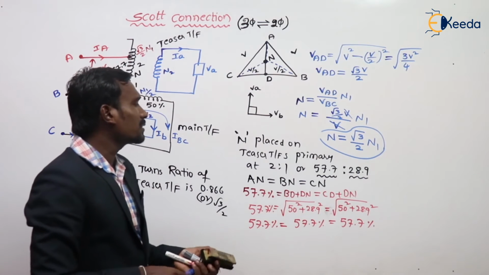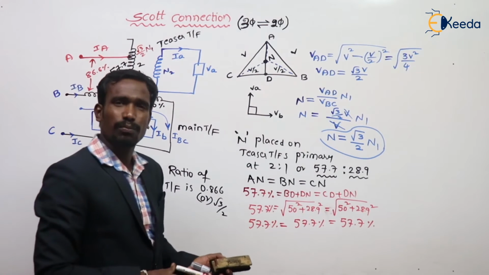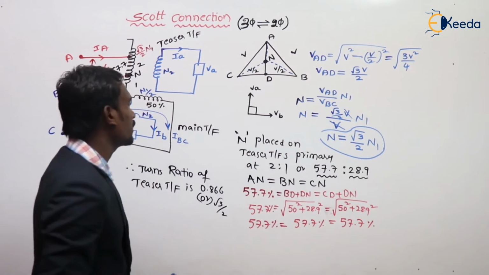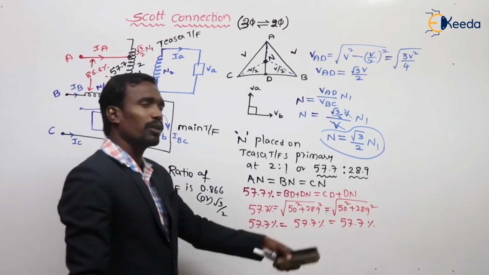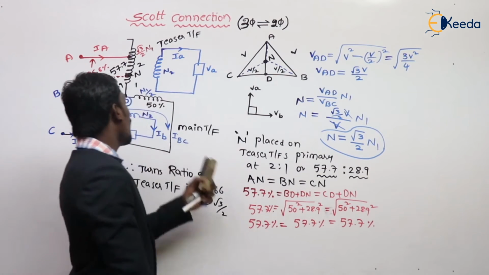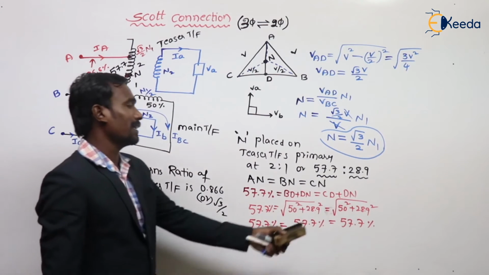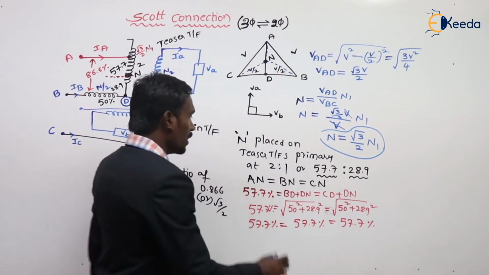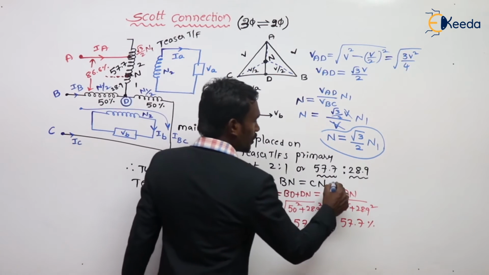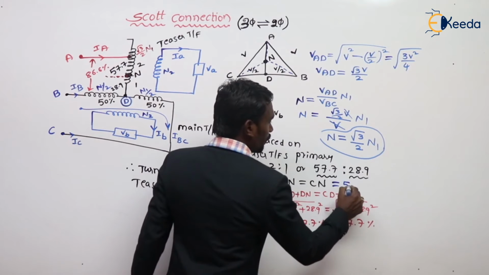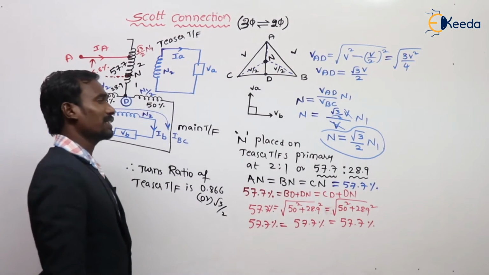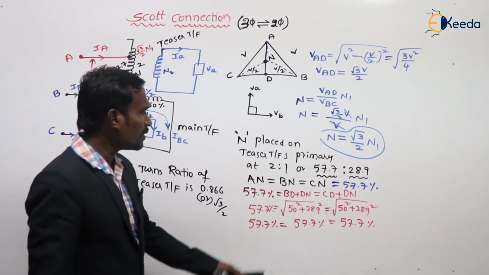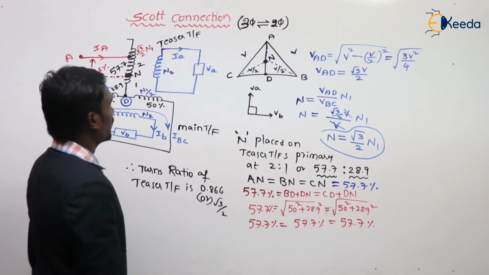The balanced supply is given to the system. 50 square plus 28.9 square is equal to 57.7 square, and the same for the other. So AN is equal to BN is equal to CN is equal to 57.7 percentage.